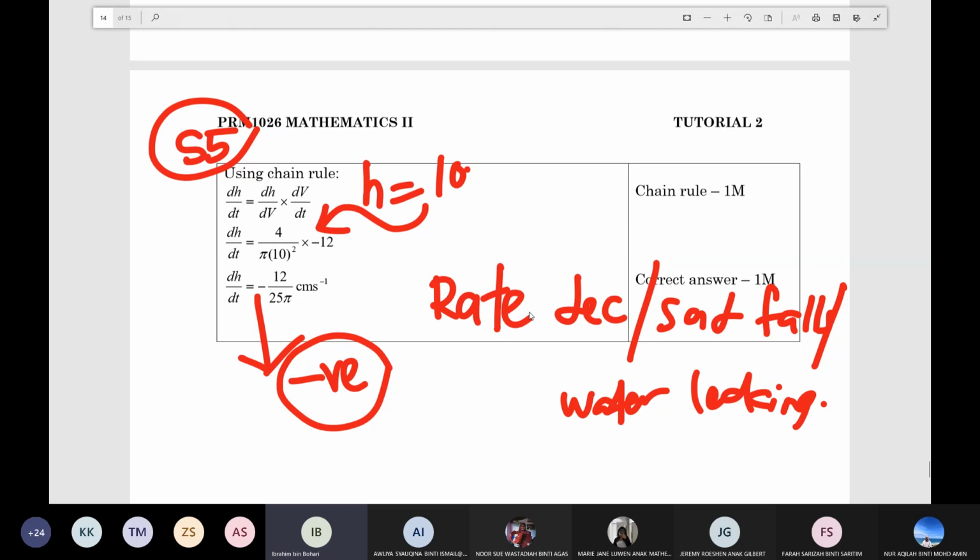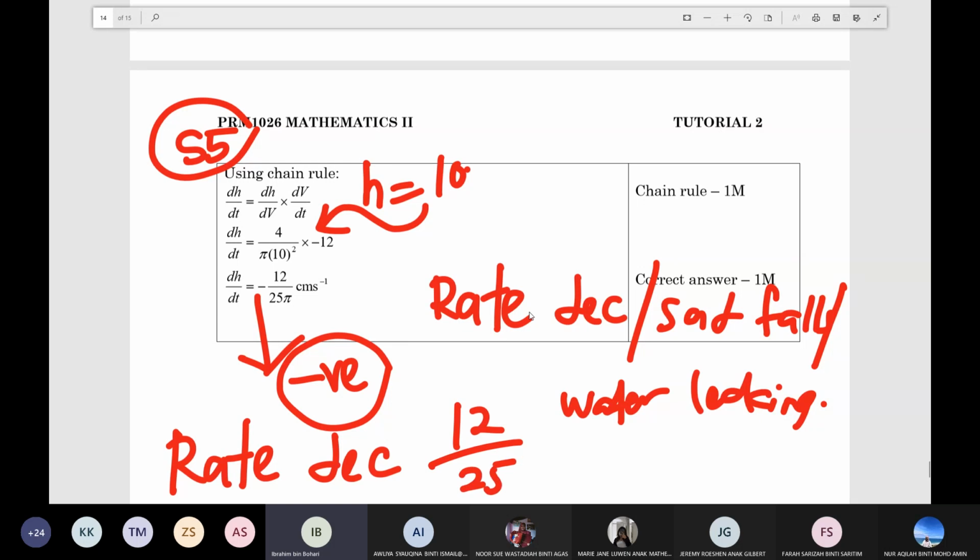You punya final answer pun sama. You letakkan negatif. Ya. Kalau you tak nak letak negatif, you tulis panjang. Rate of decrease ini pun boleh. Kalau tulis panjang, tak perlu letak negatif. Rate of decrease equals to the 12 over 25 pi centimeter per second. Ini pun boleh juga, tak ada masalah. Ya.